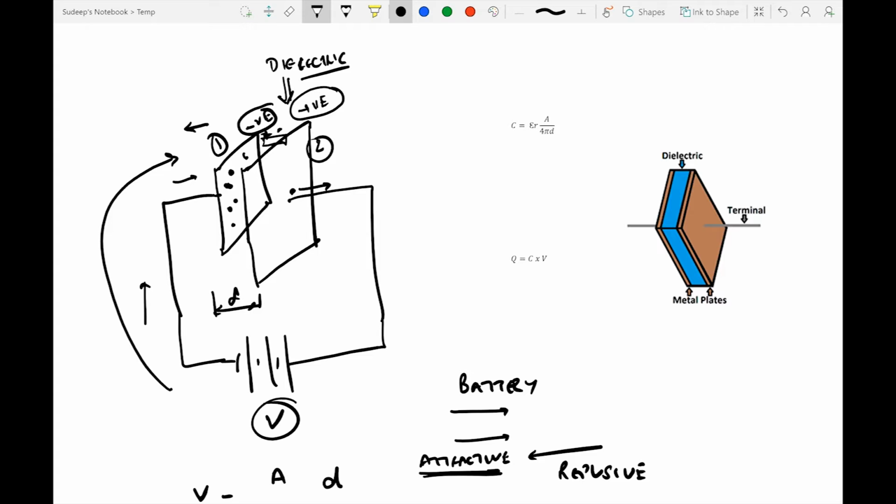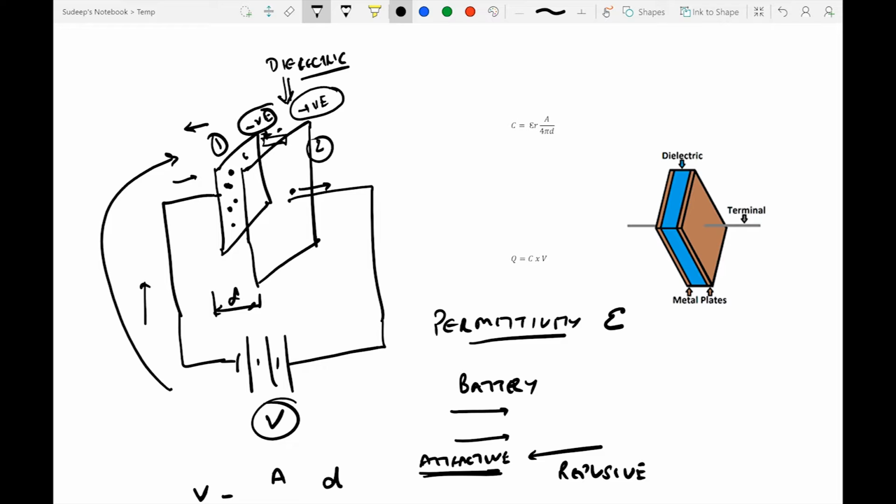This capability of a dielectric material to provide this additional force is called permittivity, and it's represented as epsilon.